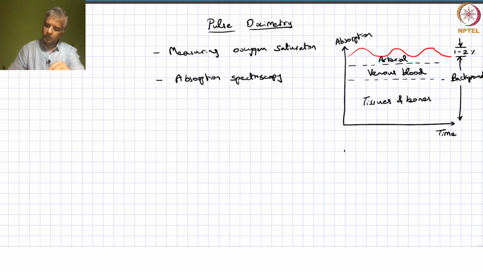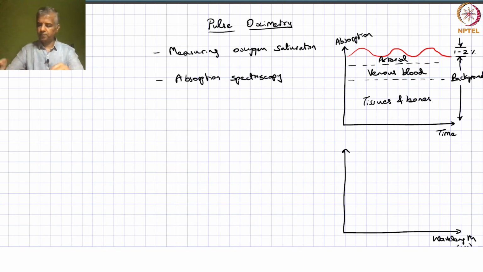So we can draw this other plot where we look at wavelength, in nanometers, and we look at the absorption of the oxygenated and the non-oxygenated hemoglobin.